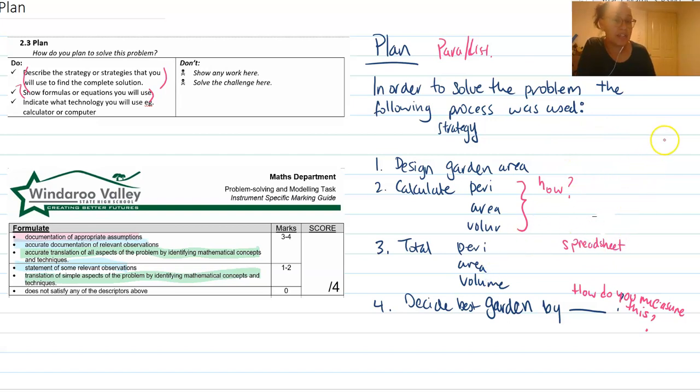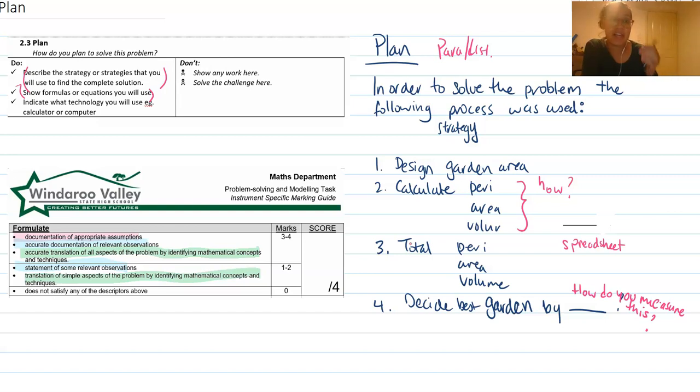If you look back at what you needed to do for your must, should, and could tasks, you should be working out area, perimeter, and volume of soil, and then you need to make a decision about what the best is. That's the extended part. Remember, you're looking for an accurate translation of all aspects of your problem.